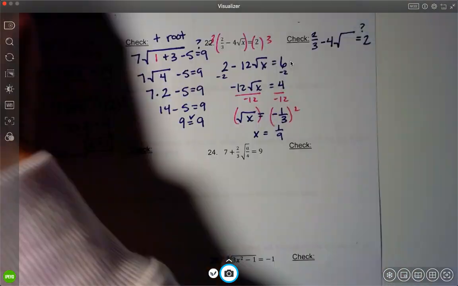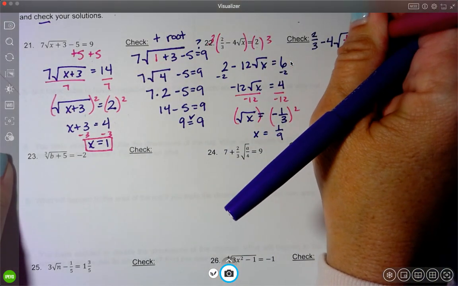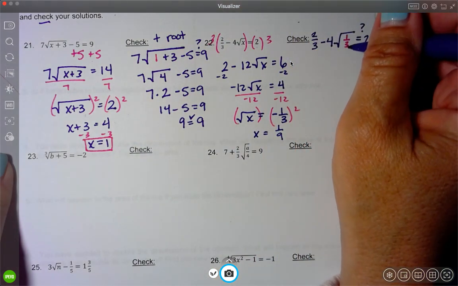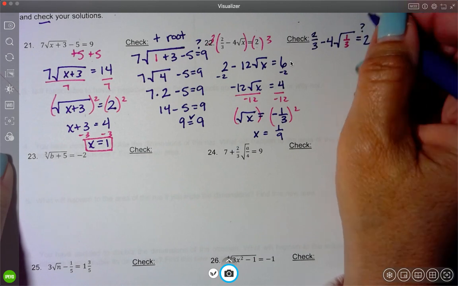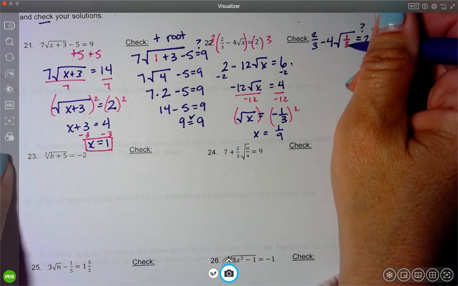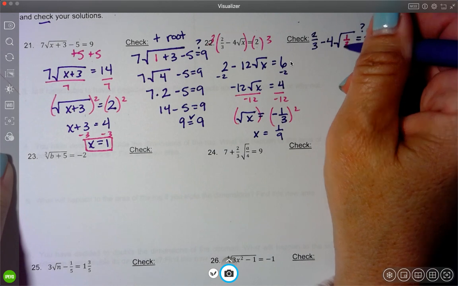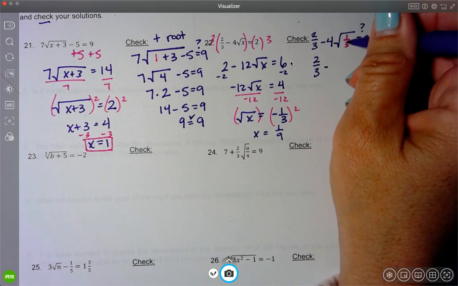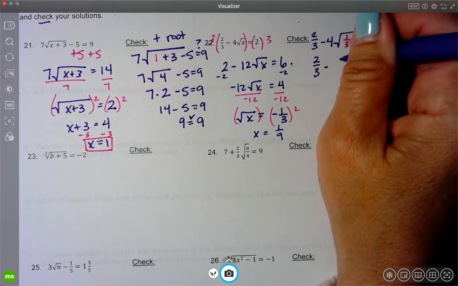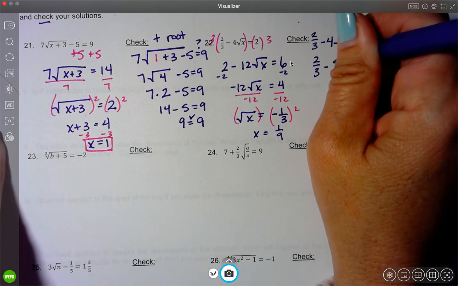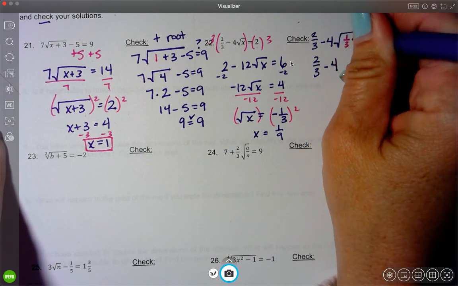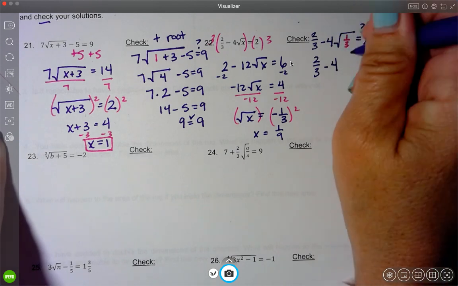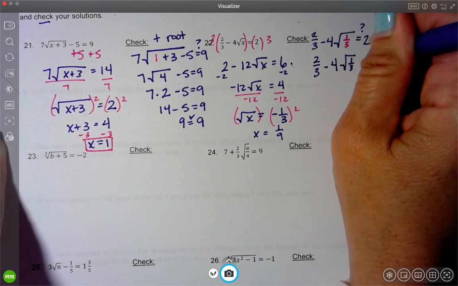So go ahead and put 1/3. Okay, so square root of 1/3. So I have 2/3 minus, now let's figure out this square root situation. So I have 4 on the outside, but then we'll just go ahead and get the radical by itself first.